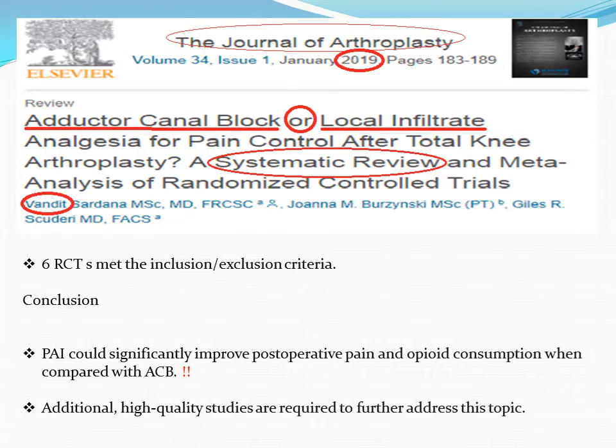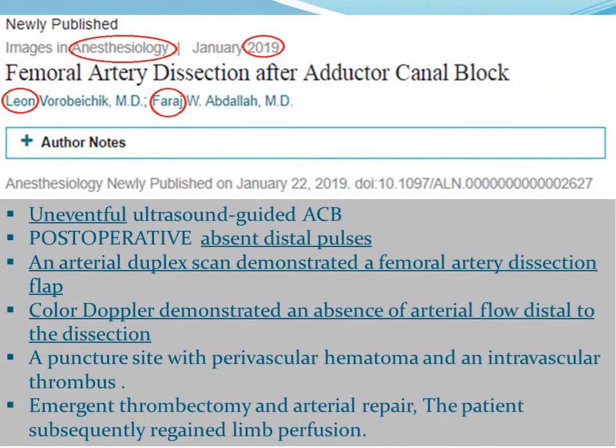Additional high-quality studies have more bad news for the adductor canal block alone. There is a case report by Faraj Abdullah from Toronto General Hospital: femoral artery dissection after adductor canal block. After an uneventful ultrasound-guided adductor canal block, there was post-operative absent distal pulsation, and an arterial duplex scan demonstrated a femoral artery dissection flap.